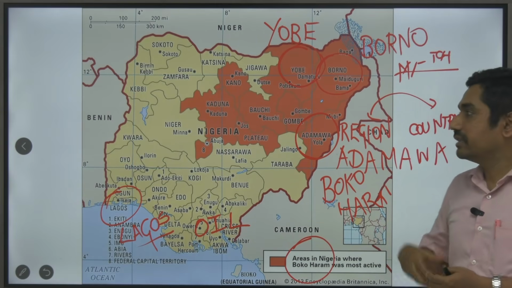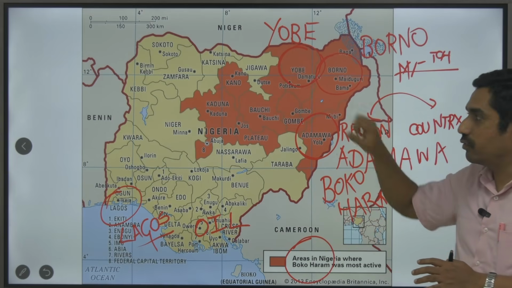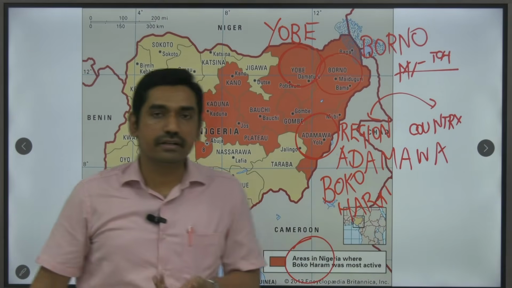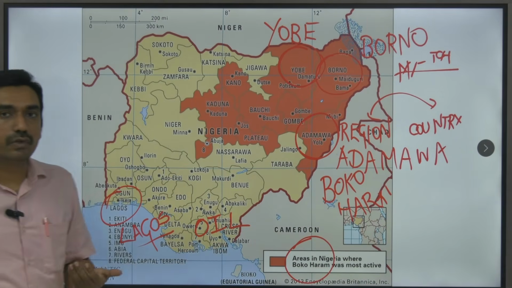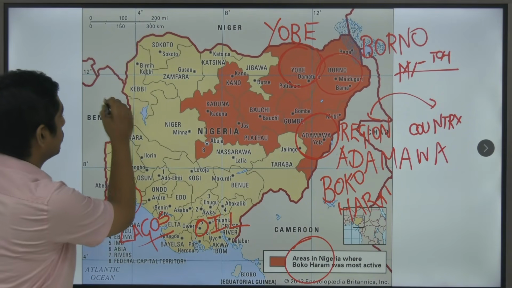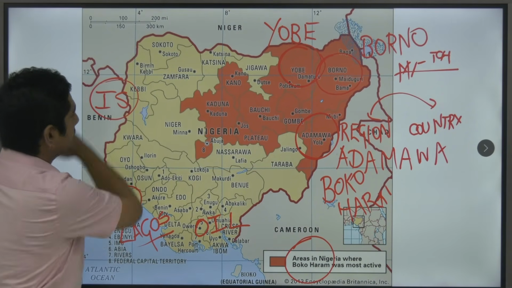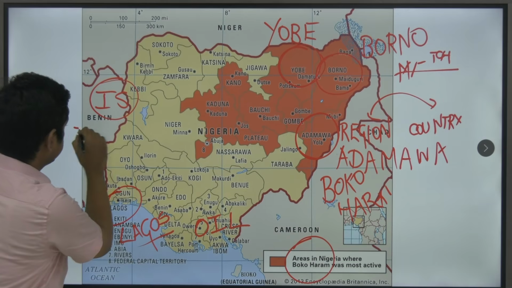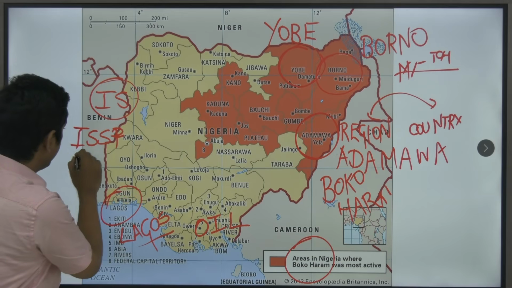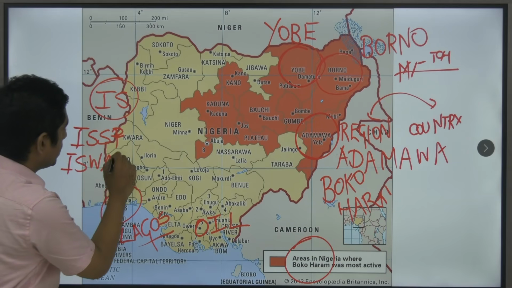Now, you would naturally think that this is the one area where you have conflict, but unfortunately, conflict is spreading through other federal provinces in Nigeria, because we have other terrorist organizations which are affiliates of the Islamic State. We have the Islamic State Sahel Province, which is less known, and we also have the Islamic State West African Province.